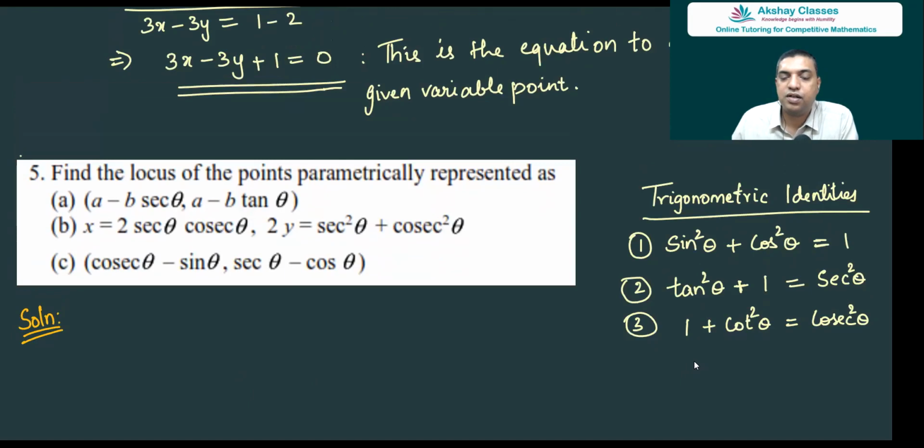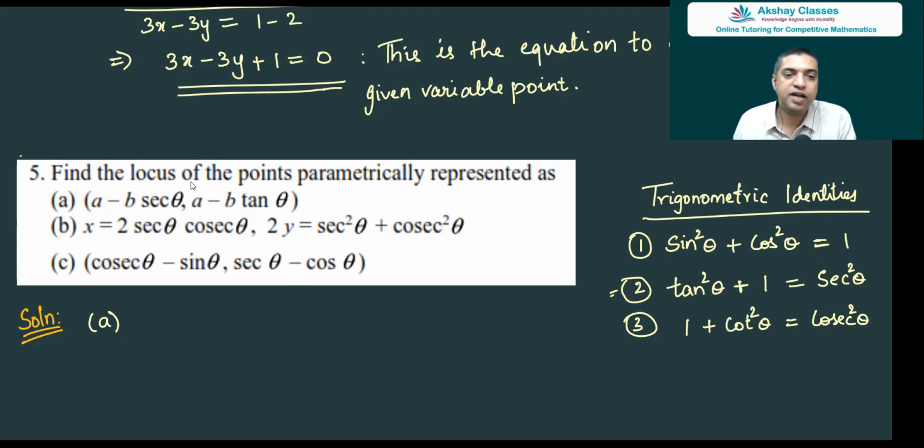So now we need to eliminate. Here we have secant and tan. What is the identity we can use to eliminate? Just like when you do sin square theta plus cos square theta equal to 1, you eliminate theta. Similarly, secant square theta minus tan square theta will give you 1, from the second.